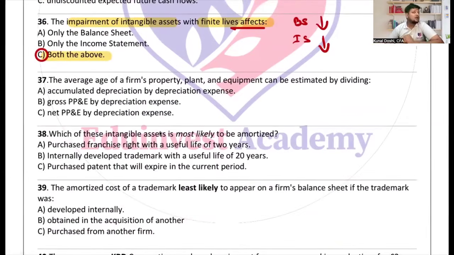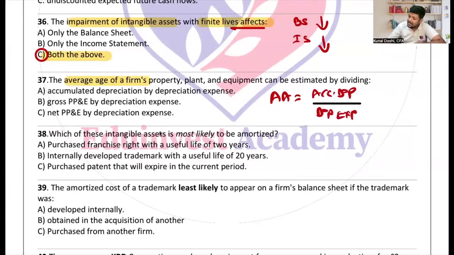Okay. Now, here is the question related to depreciation. Remember, in depreciation, you can find out the average age, useful life, and remaining useful life. Here, they have asked what is the average age of the firm's PPE. So what is average age? How do I get to know? I get to know average age by the total depreciation till date, which is accumulated depreciation, divided by the depreciation expense.